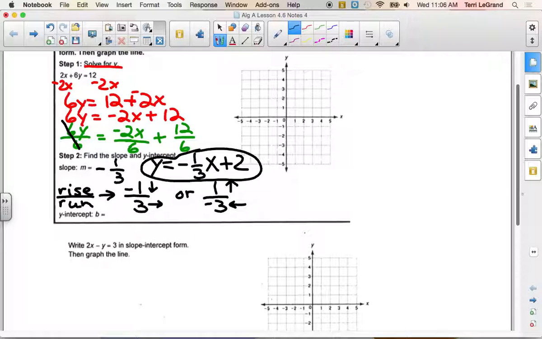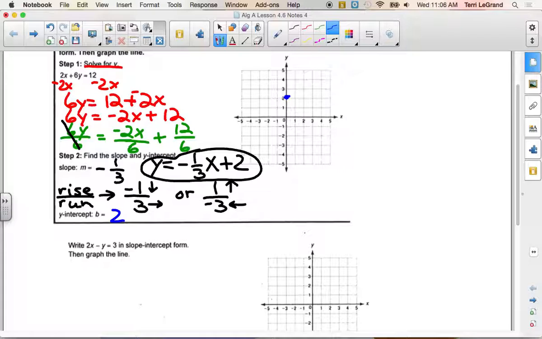Okay, what's our y-intercept? Where's our starting point? It's 2. Okay, so we're ready to go practice, aren't we? Where are we going to start? 2 on the y-axis. Be careful, some people like to put that on the x-axis. Start on the y-axis always. I want you to use both forms of rise over run because we have room to.